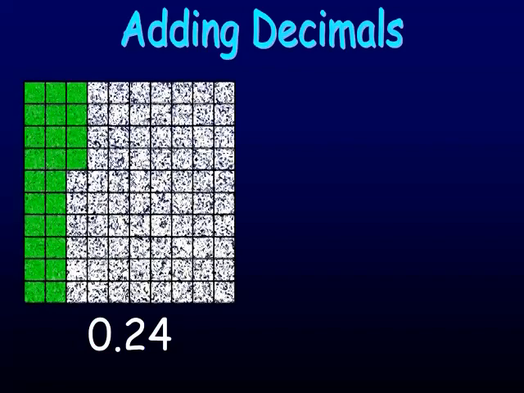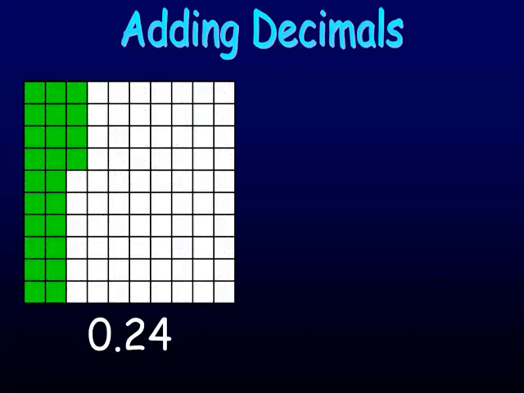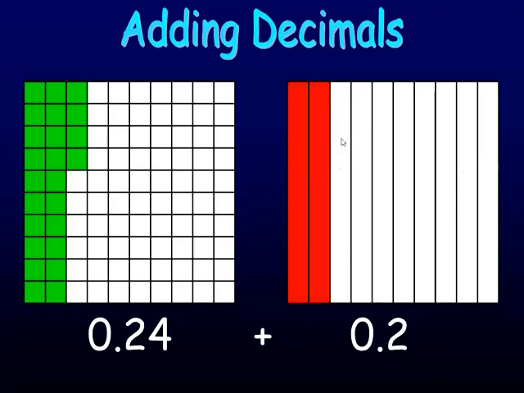24 hundredths, and this is how to represent 24 hundredths in the hundredths model. The other amount is 2 tenths, and this is how to represent 2 tenths using the tenths model. Now here in this number we have 2 digits, but in this number we have 1 digit.